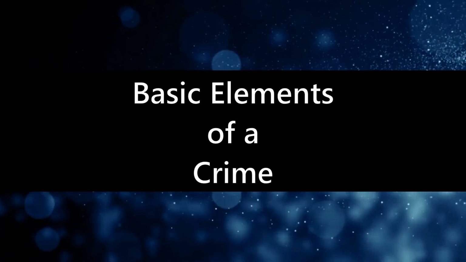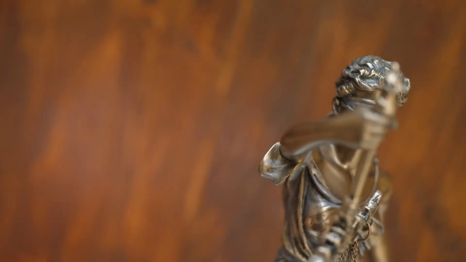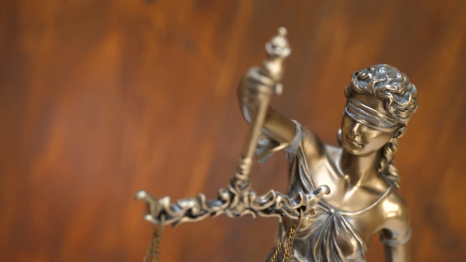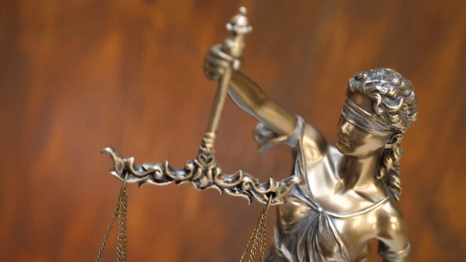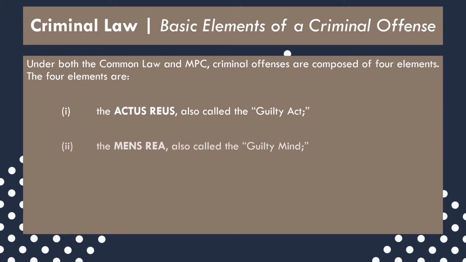Now let's take a look at the basic components, or elements, of a crime. Under both the common law and the MPC, criminal offenses are composed of 4 elements. These 4 elements are: 1. The actus reus, also called the guilty act. 2. The mens rea, also called the guilty mind. 3. Concurrence.